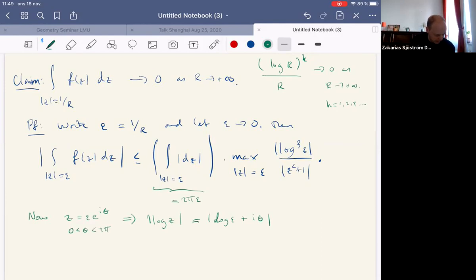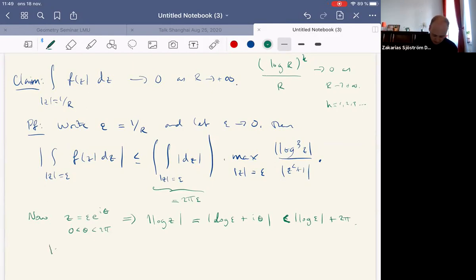So this one is less than or equal to, or less than, if you want, absolute value of log epsilon plus 2 pi. Because absolute value of 2 pi i is 2 pi.